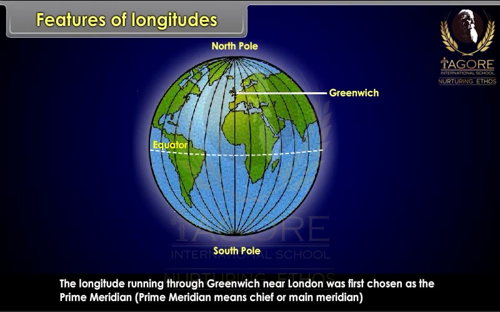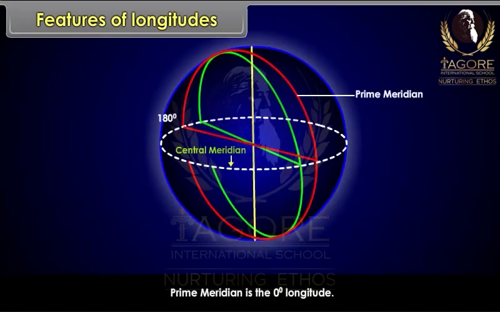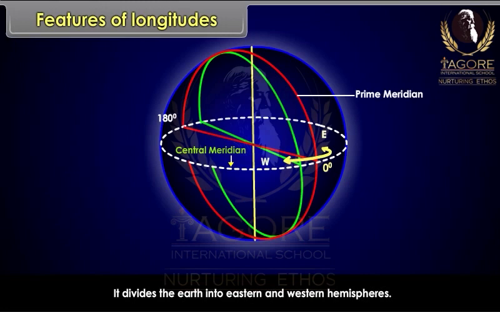The longitude running through Greenwich near London was first chosen as the prime meridian. Prime meridian means chief or main meridian, having noon at the same time at all places on this line. Prime meridian is the 0 degree longitude. It divides the earth into eastern and western hemispheres.